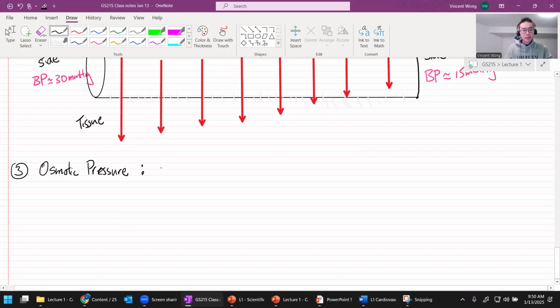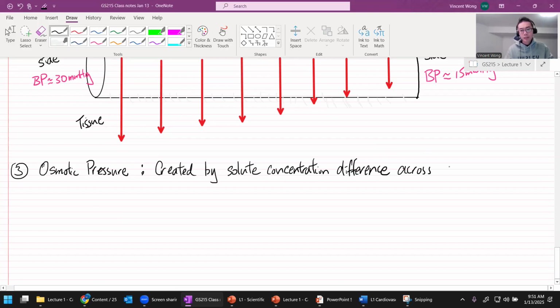This is created by solute concentration difference across the capillary wall.